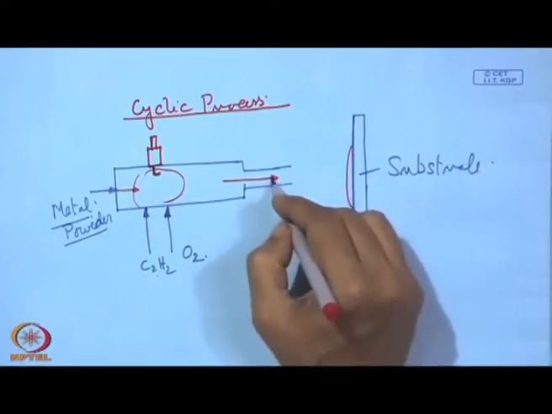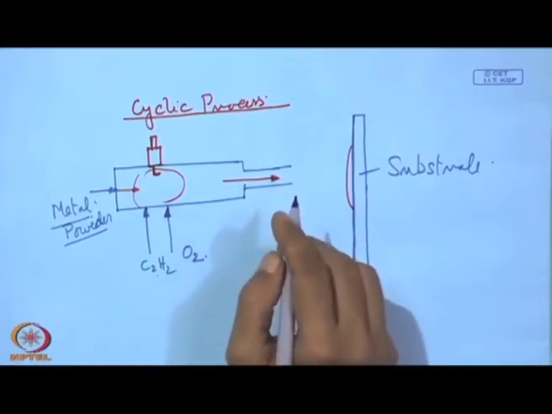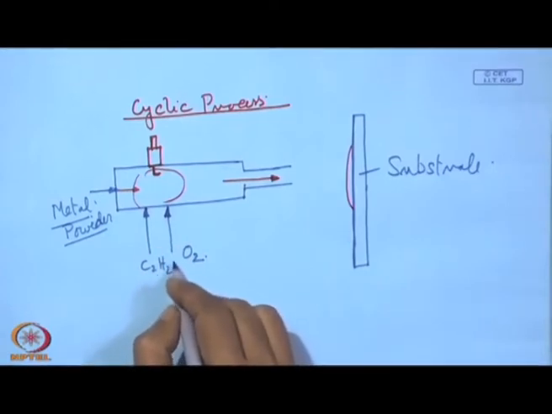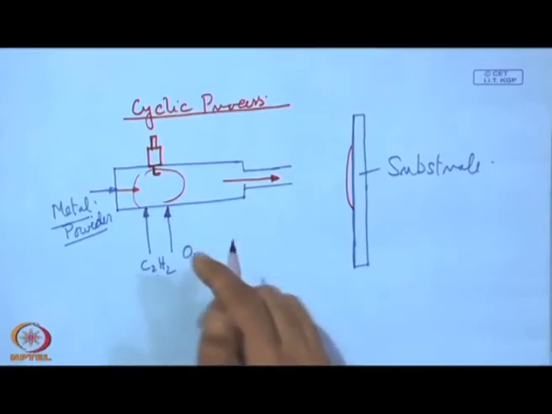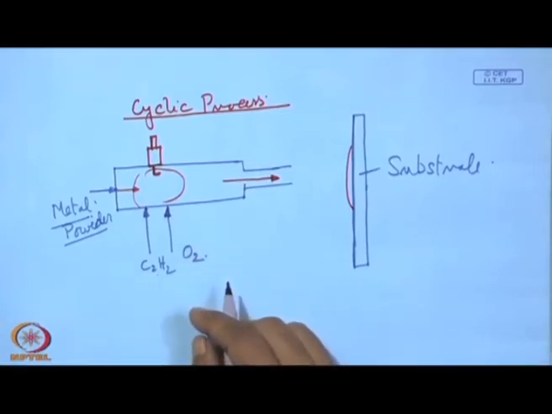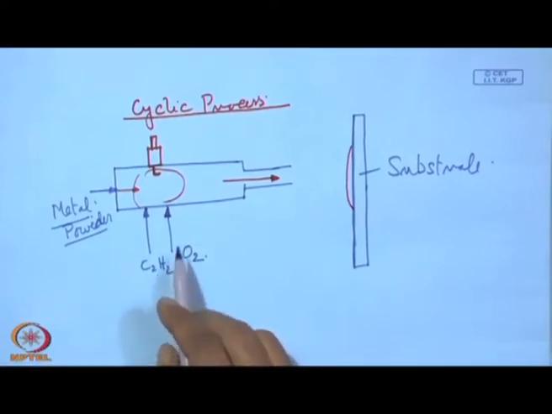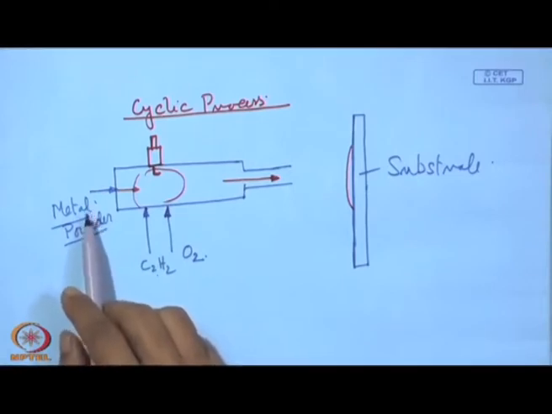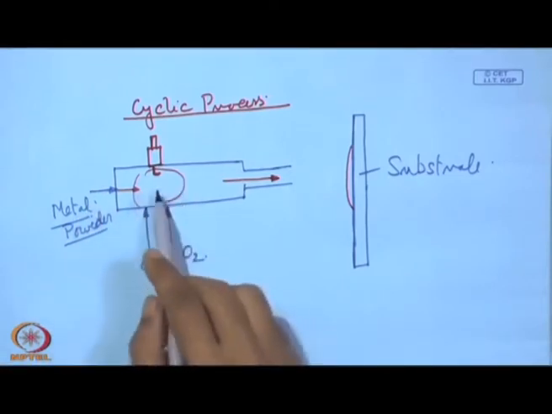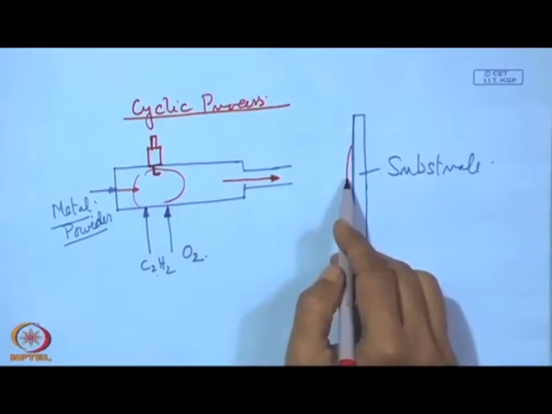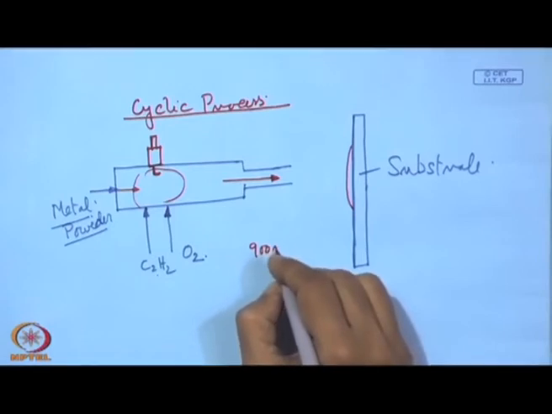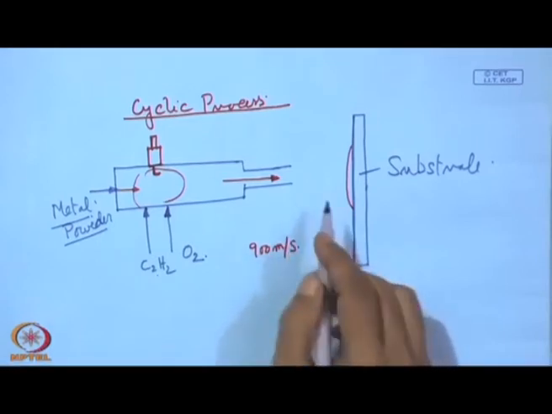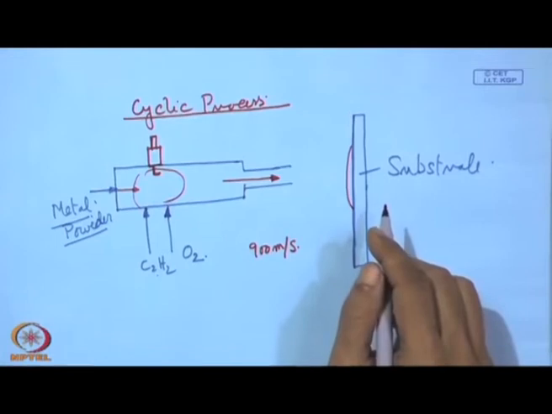During this flight we have generation of heat, that means C2H2 plus O2 will have some kind of chemical reaction as mentioned, and with that the material will be heated, and at the same time the powder will be thrown on this side with a high velocity, and that velocity can go up to 900 meters per second. So, with that velocity, what is the advantage here?